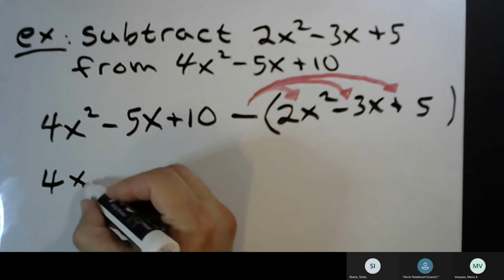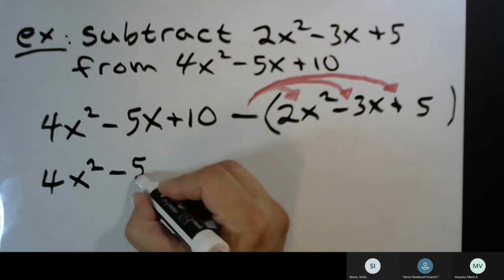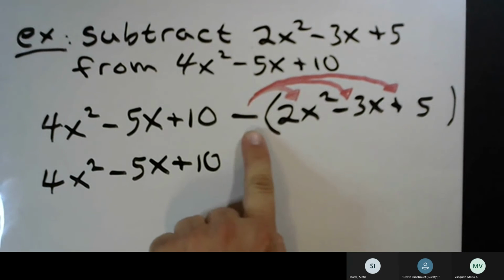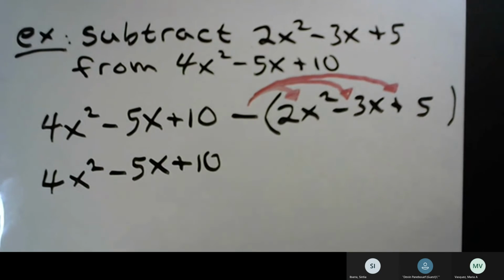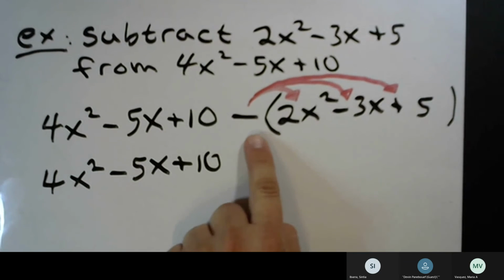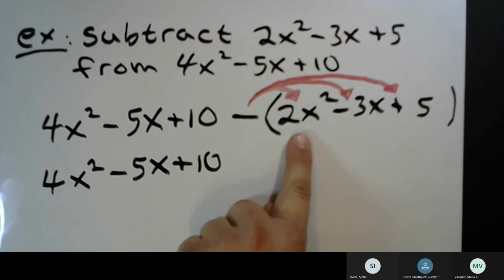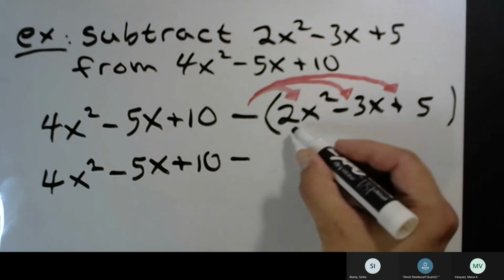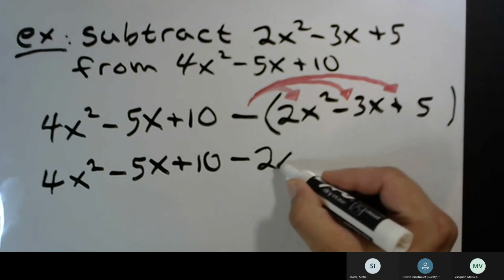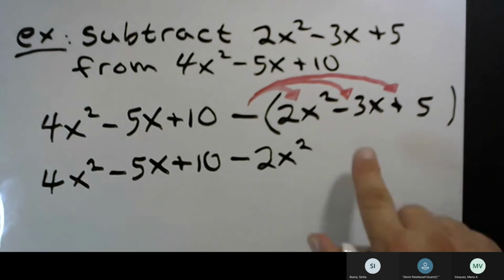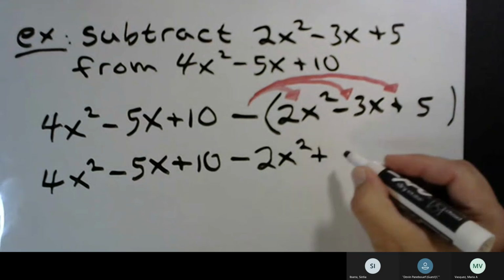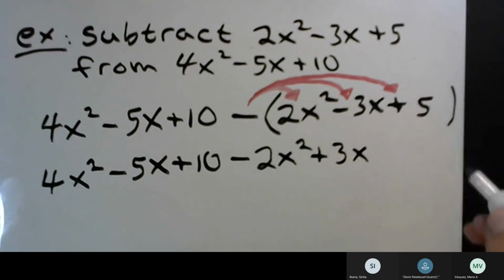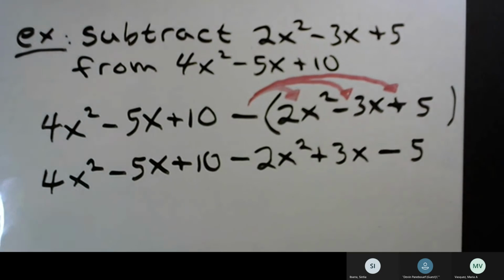We're going to treat it like we're multiplying by -1. So -1 times 2x squared, or you can also think of it as the opposite operator, where it makes positives negative. It's going to make negatives positive. So this positive 2x squared becomes a negative 2x squared. This minus 3x becomes plus 3x, and this plus 5 becomes a minus 5.